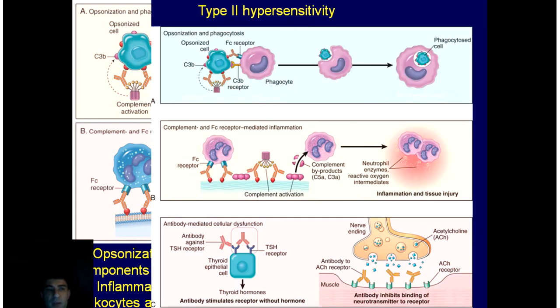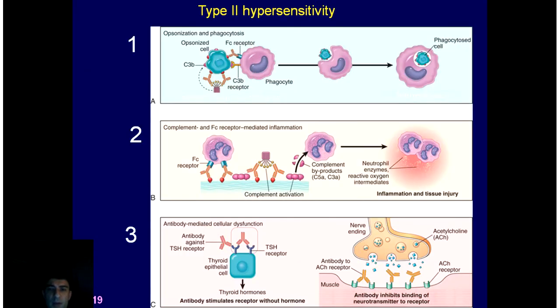But interestingly, a third variant is also possible, when antibodies do not destroy the target cell or trigger inflammation, but have some specific influence. They may cause dysfunction in the tissue. One such example is antibodies produced against thyroid stimulating hormone receptor.